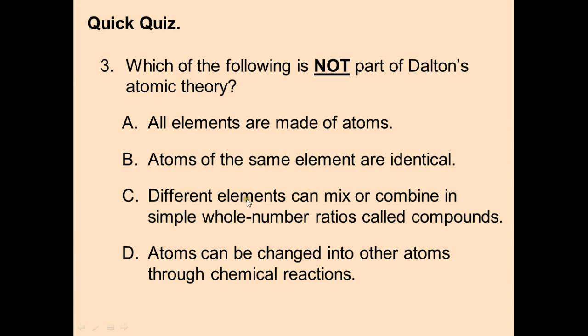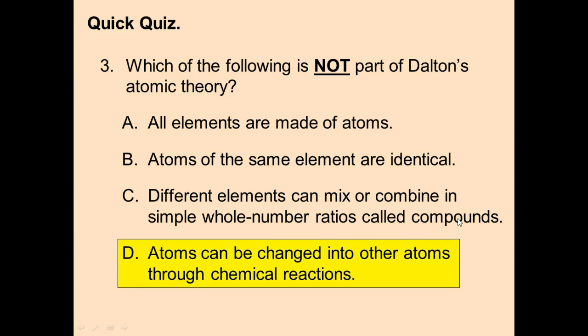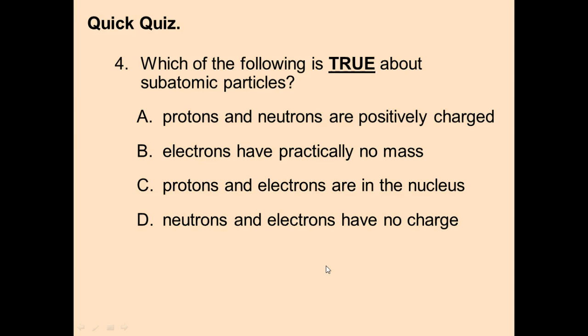And he said that atoms can combine in simple whole number ratios called compounds, but he did not mention that D, atoms can be changed into other atoms through chemical reactions. He said that they can combine and separate and rearrange, but he never said that the atoms themselves will change. So that's a key word that messes up this answer.